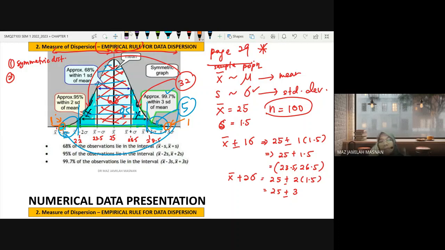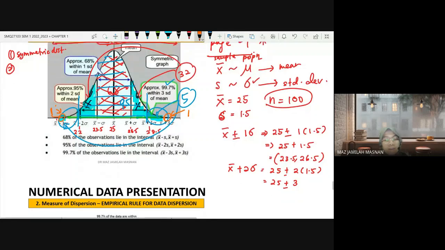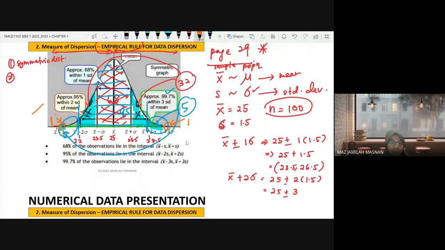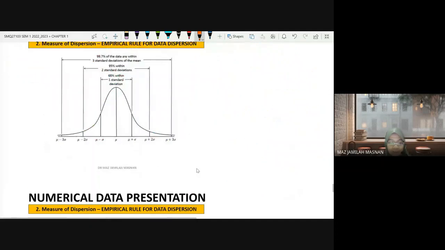The empirical rule, you will see this again in chapter 2. Statisticians will always use the empirical rule in their calculations that reflect standard deviation and dispersion. This is simplified using this figure.